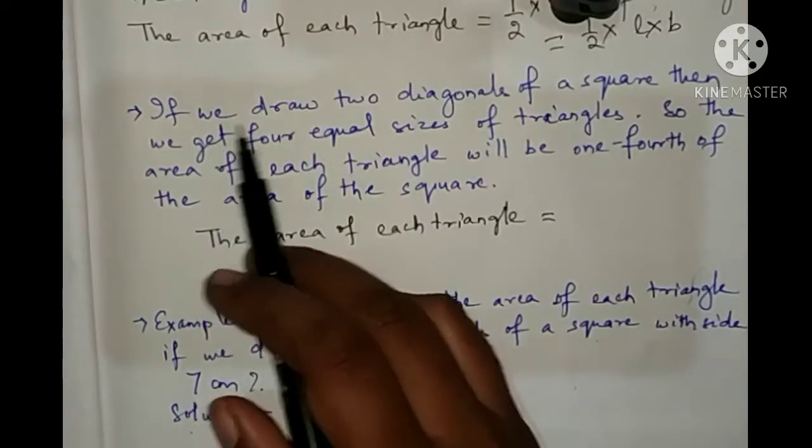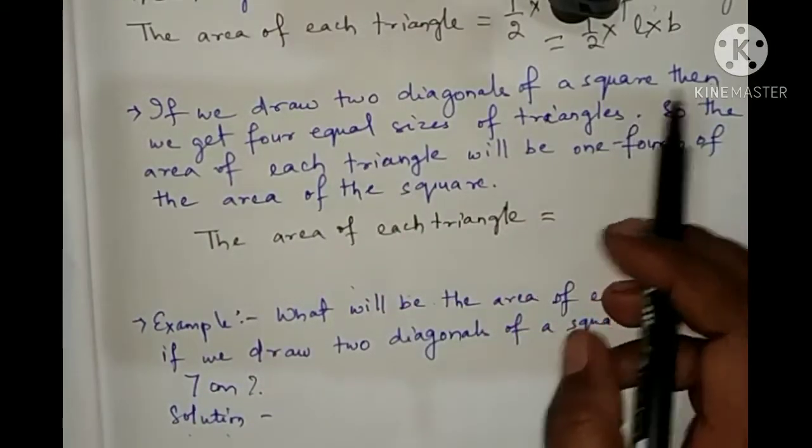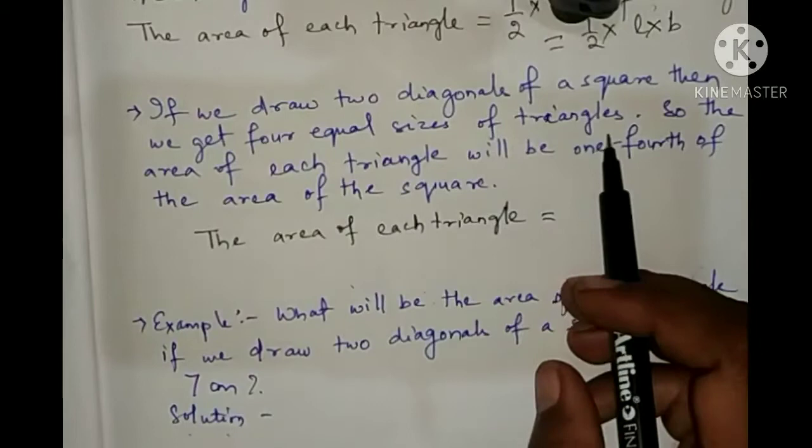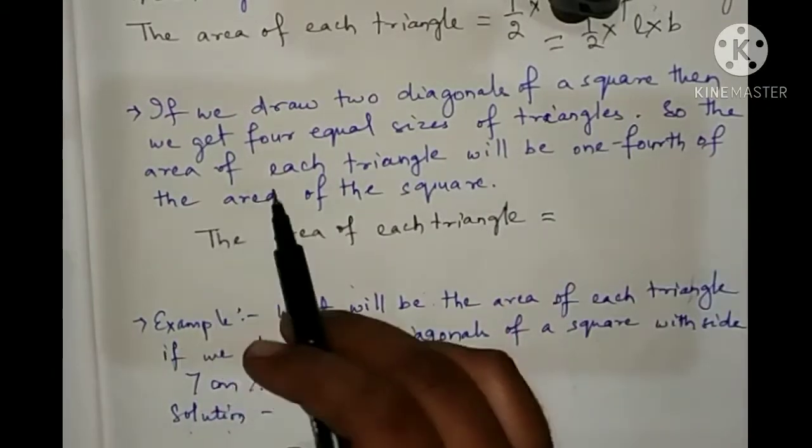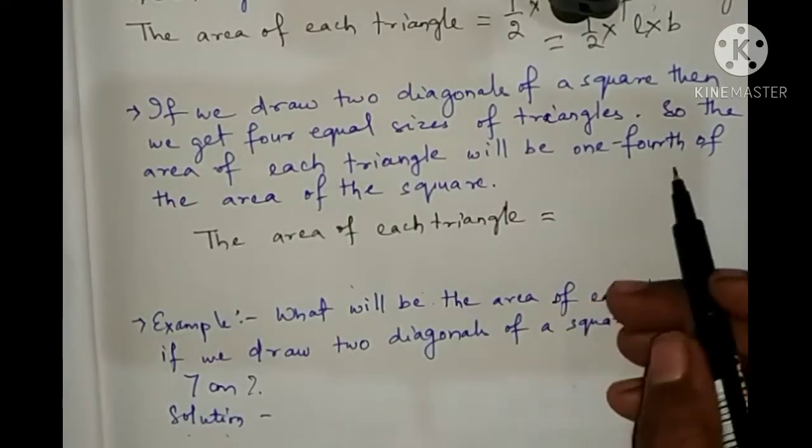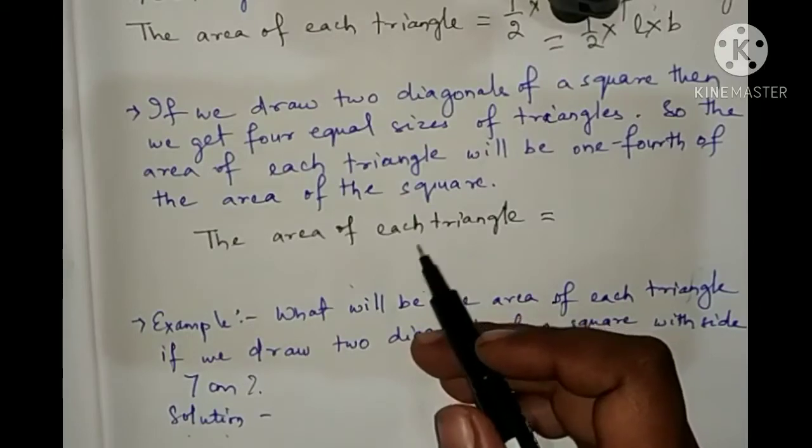Next we will see, if we draw two diagonals of a square, then we get four equal-sized triangles. So the area of each triangle will be 1/4.